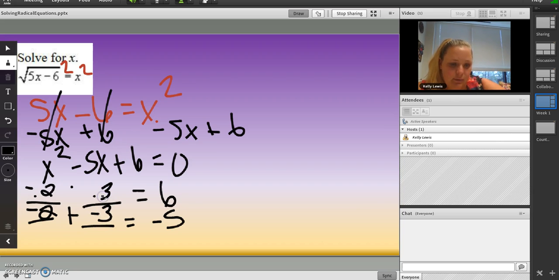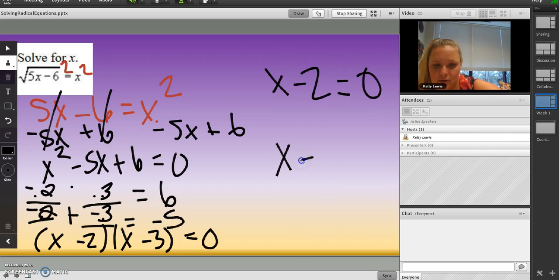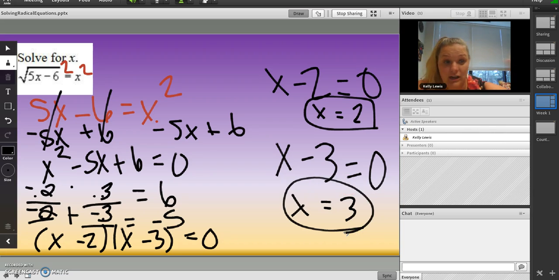Negative 2 times negative 3 is positive 6. Negative 2 plus negative 3 is negative 5, okay, that works. So I get x minus 2, x minus 3 equals 0. And then I'm going to set each factor equal to 0. So I get x, I'm going to add 2 to both sides, equals 2. x equals 3.